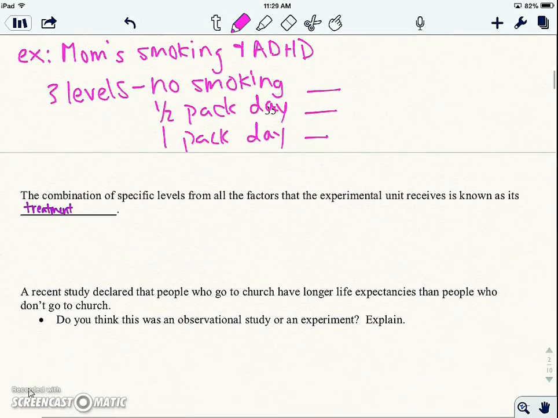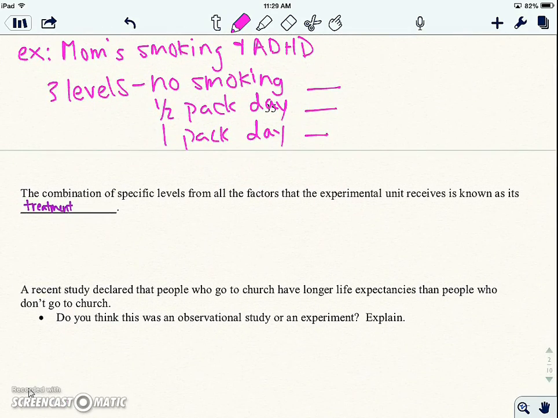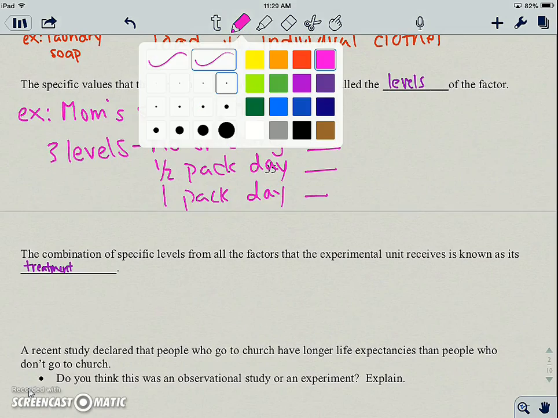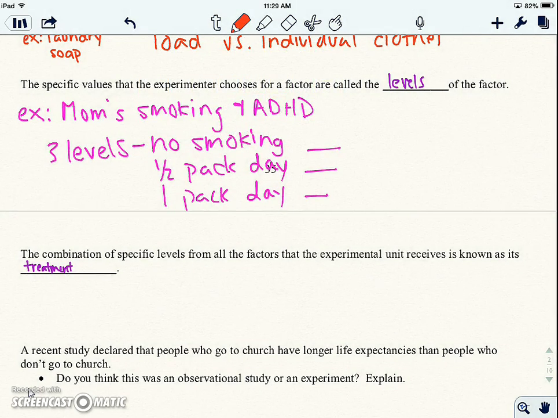All right, the combination of specific levels from all factors that an experimental unit receives is known as the treatment. So we could go back here and say, what if also the mom, I don't know, eats healthy or eats poorly, poor nutrition. Okay. A treatment would be a combination of these.